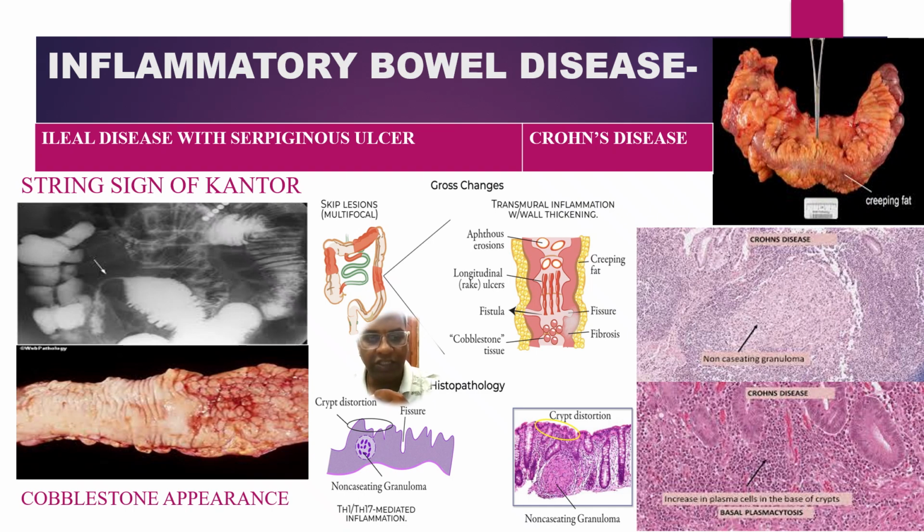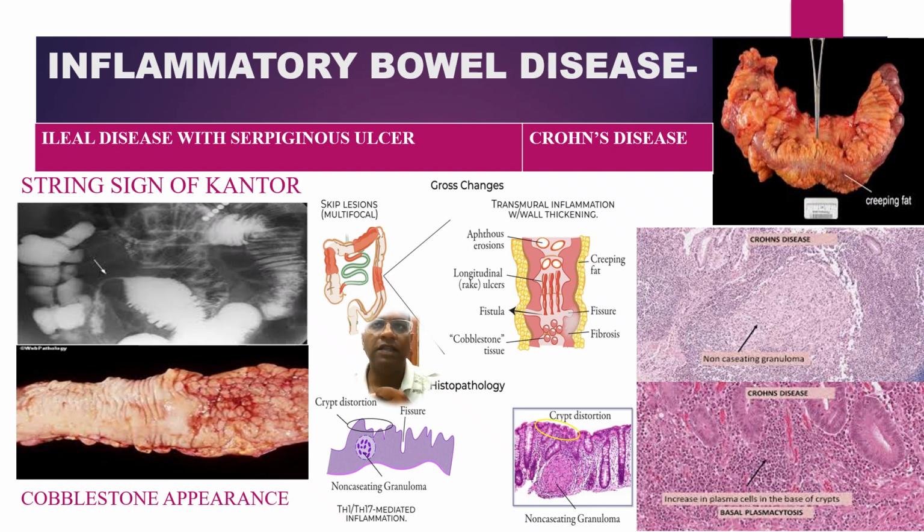In radiology, you can appreciate a feature characteristic to Crohn's disease called string sign of Kantor. There will be non-caseating granulomas and basal plasmacytosis, that is increase in the plasma cells. Two more features on microscopy, non-caseating granulomas and basal plasmacytosis.